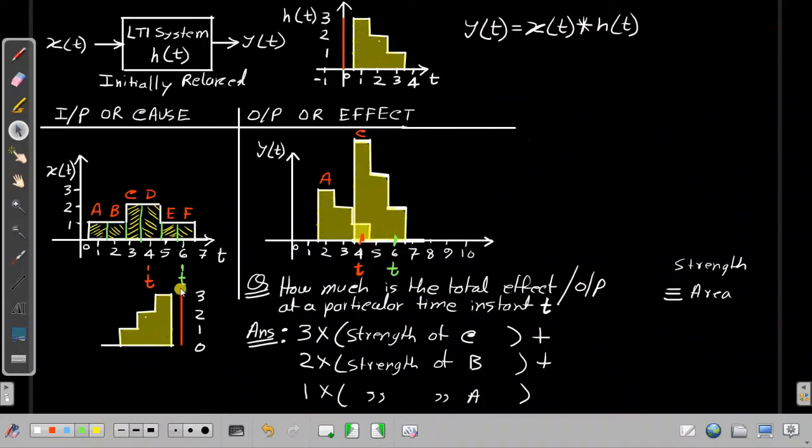This red marker should be at the point of interest, and then I can calculate the total effect as 3 multiplied by the strength of E. Let me write this in green color. So for this new time instant, the total effect will be 3 multiplied by E, then 2 multiplied by D, and 1 multiplied by C.